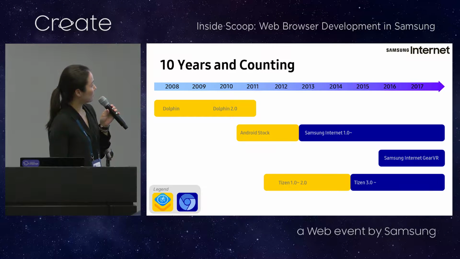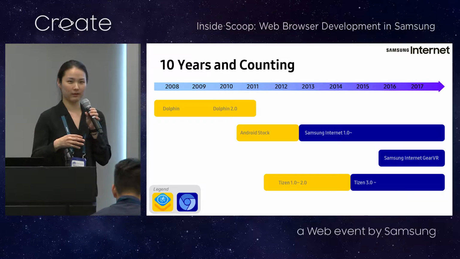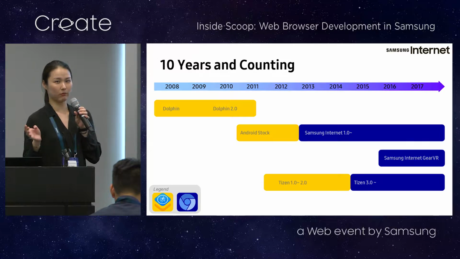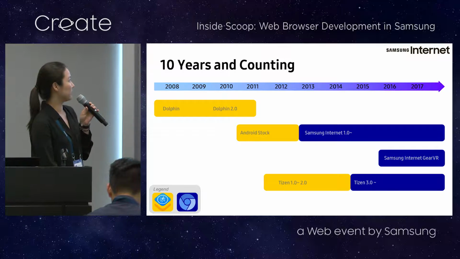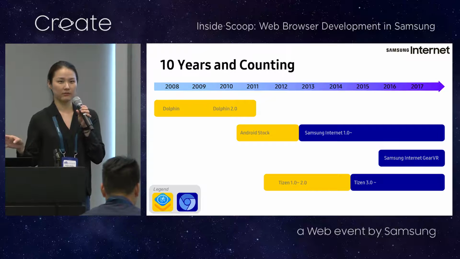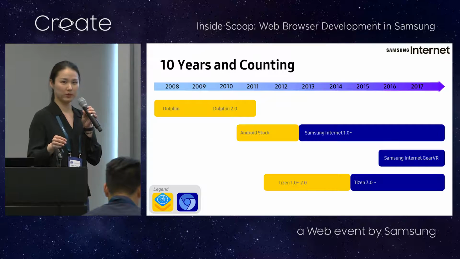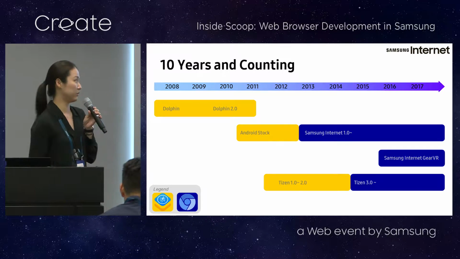And in 2013, there was the Blink announcement. So Google forked WebCore from WebKit and started their own rendering engine. And with that Blink announcement, many browser vendors moved from WebKit to Chromium, and Tizen browser was also one of those browsers that moved to Chromium.